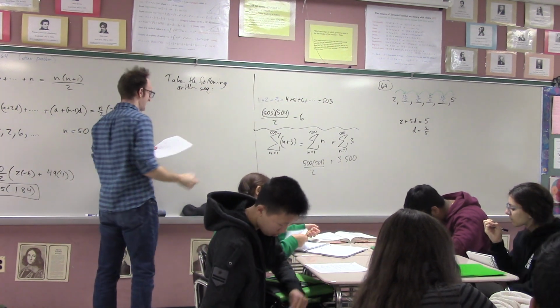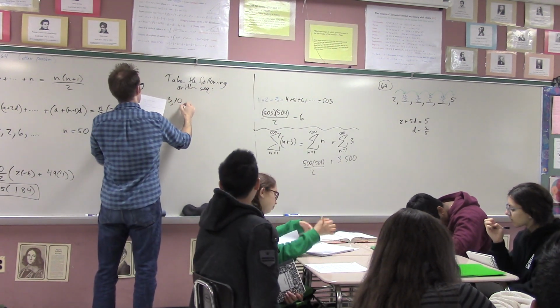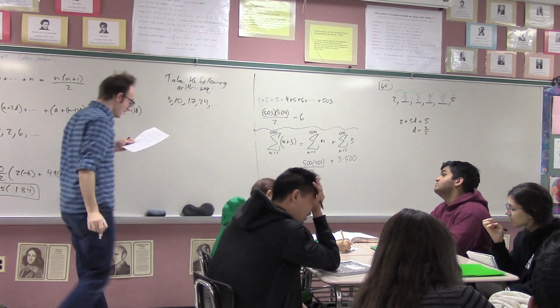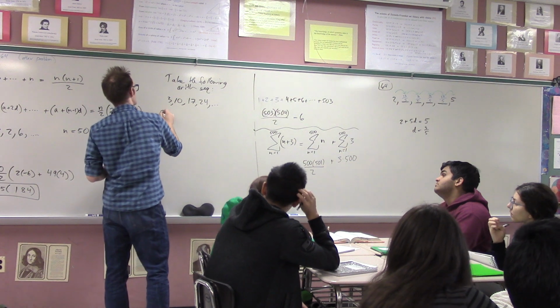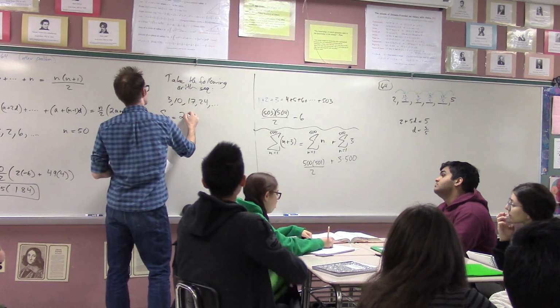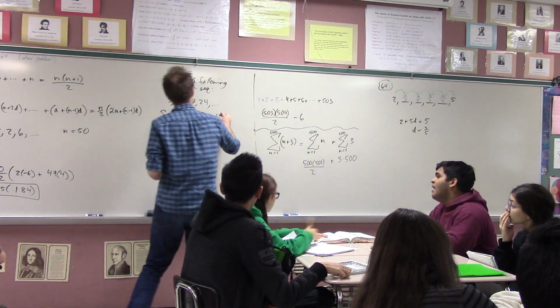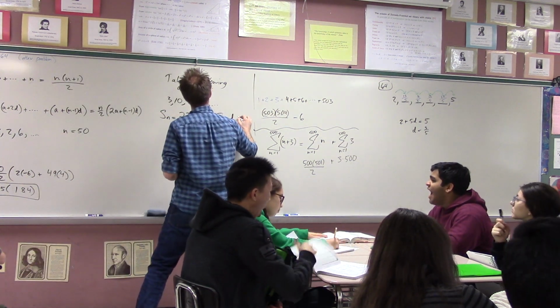Here is what it looks like: 3, 10, 17, 24, etc. And I now tell you that the sum of the first n terms is 279. Goal: find n.